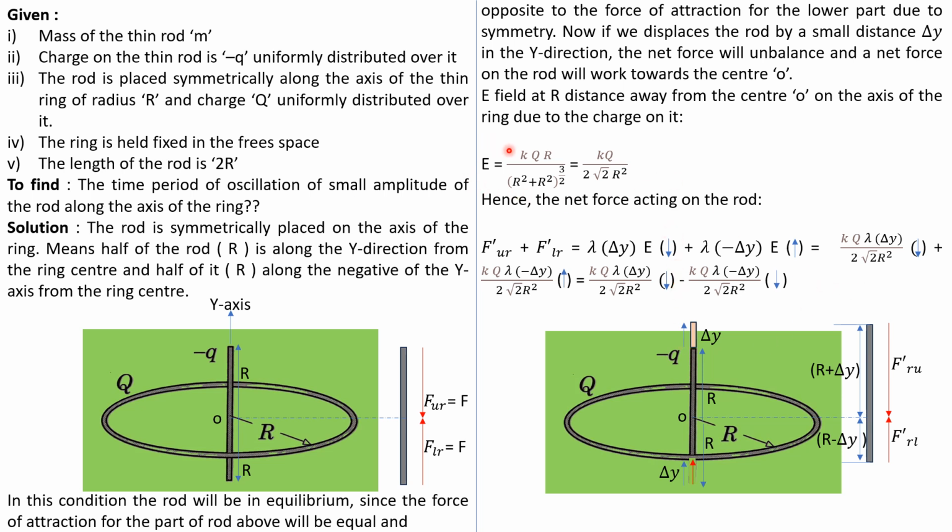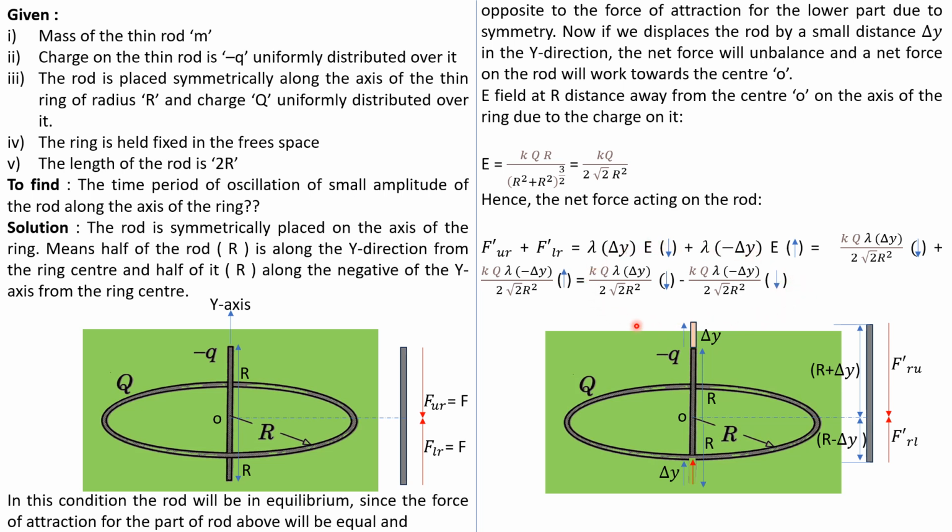So we will put the value of E. When we change the sign from plus to minus, we have to reverse the direction of the arrow, so it has been written like this.